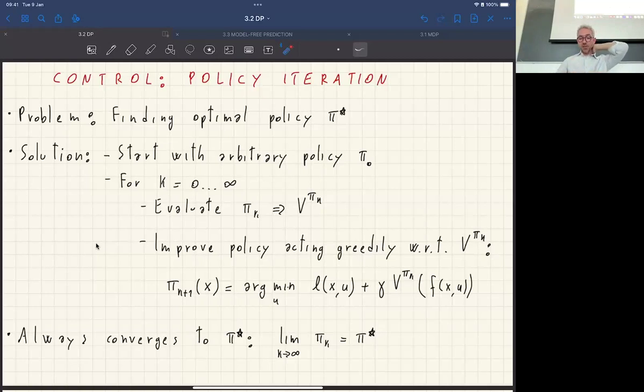So if your action space has, I don't know, 10 possible actions and you have 1,000 possible states, then you can think of your policy as a vector with 1,000 elements, and each element contains a number between 0 and 9, which is the action.